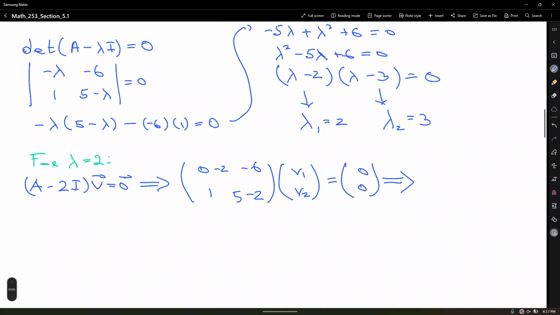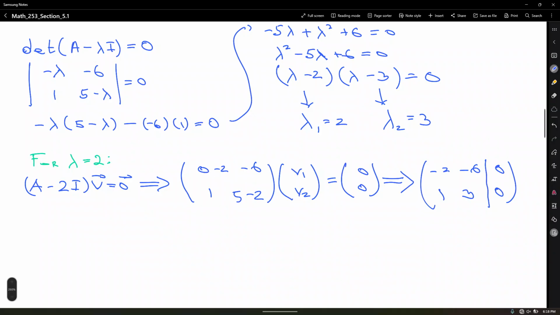What's an augmented matrix? Write down the simplified entries here: 0 minus 2, that's negative 2, negative 6, 1, and 5 minus 2, that equals 3. I'm going to draw a bar right here and zeros to the right of the bar. The entries to the left of the bar represent the coefficient matrix, while the right side of the bar is the right-hand side of the system of equations.